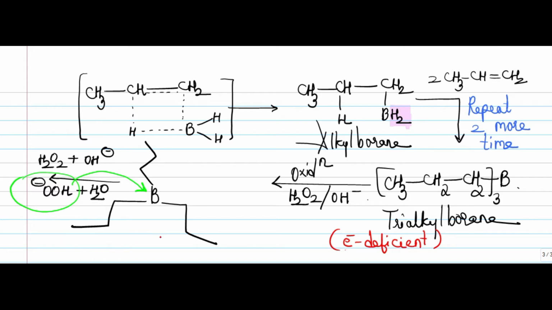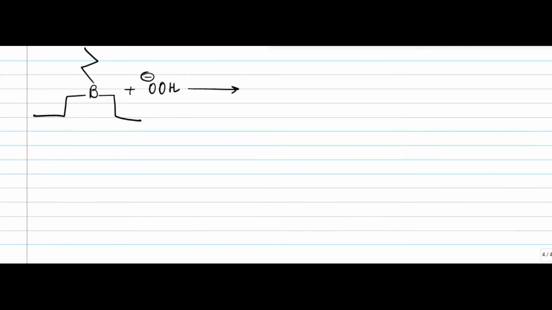So now let us understand how the further reaction occurs. Now I am going to show you how OOH minus, the hydroperoxide ion generated from hydrogen peroxide, would add onto this trialkyl borane. So let us start with the first step. Boron acts as a Lewis acid here, and it doesn't have its octet completed.